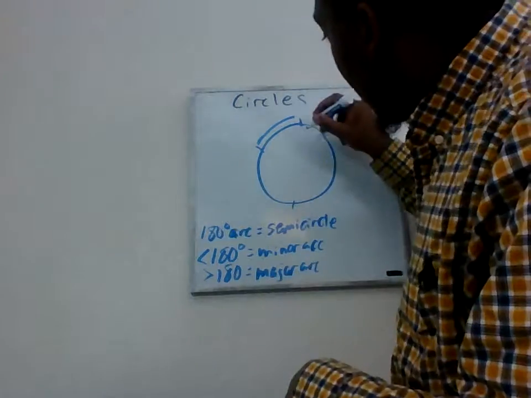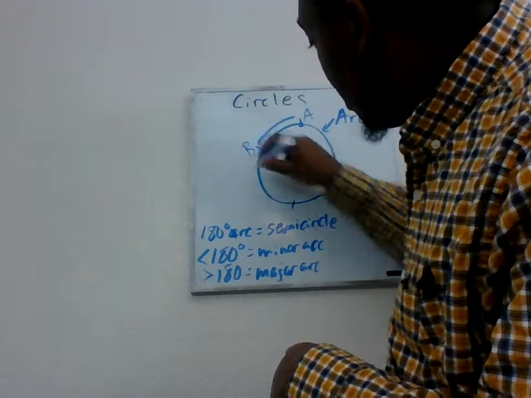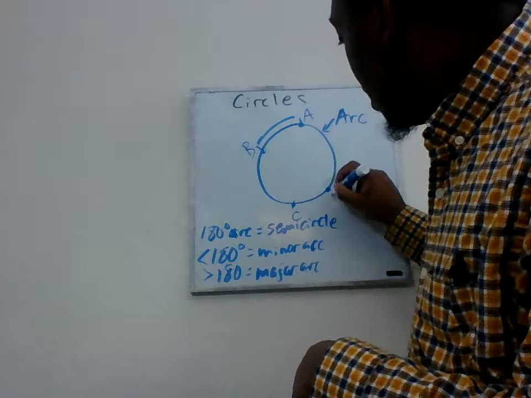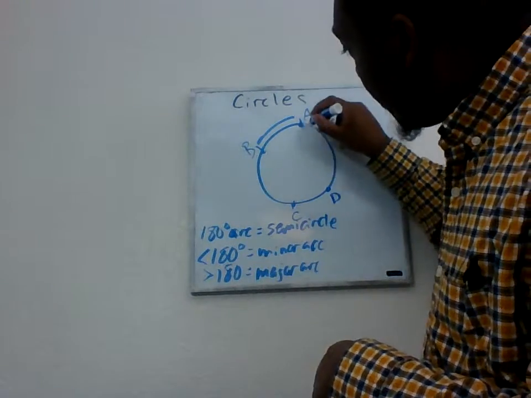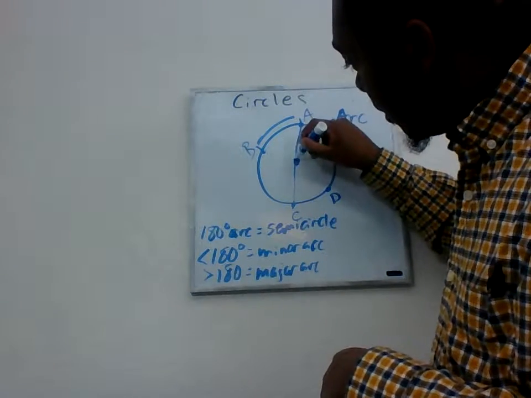For example, if that's A, that's B, and that's C, and let's call this D over here. Let's say AC is the diameter, so it goes through the center.